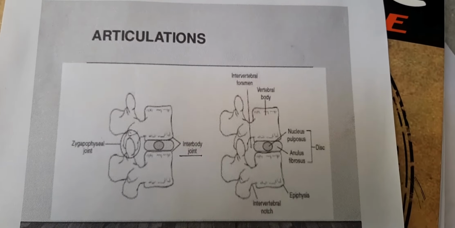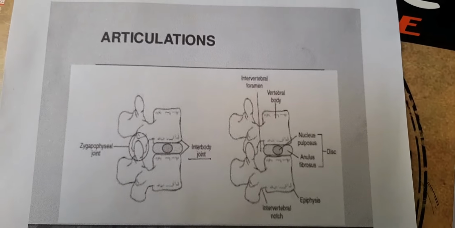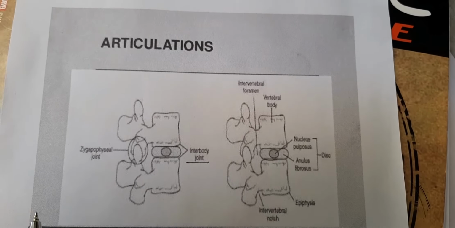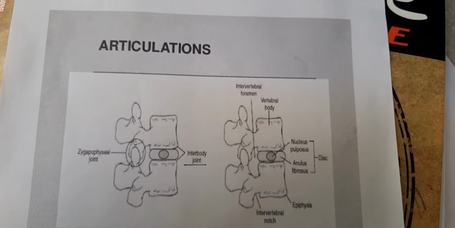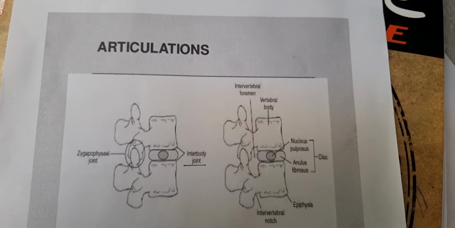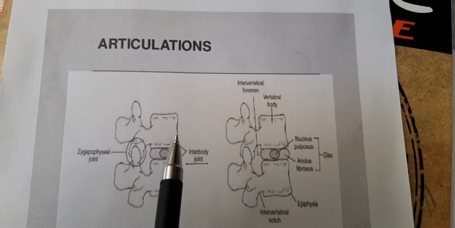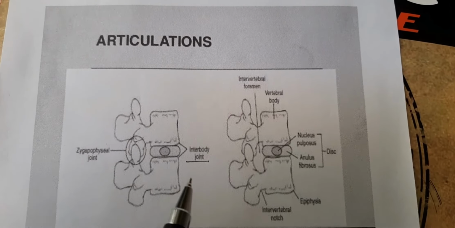So in three directions you will see the gliding motion in the interbody joint. The tilt motion can occur in anterior to posterior and in the lateral direction. These motions together with distraction and compression constitute 6 degrees of freedom. So basically 6 degrees of freedom are there in the interbody joint.